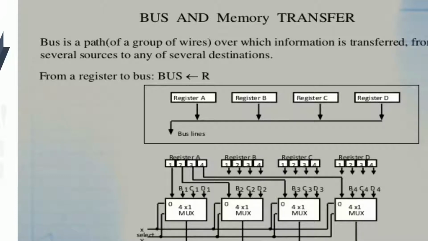A bus is connected with multiple wires, from one component to another component. A computer is a box of different components. In the computer, multiple components are there, and they should interact with each other through wires. So the bus helps us transfer data from one component to another component.